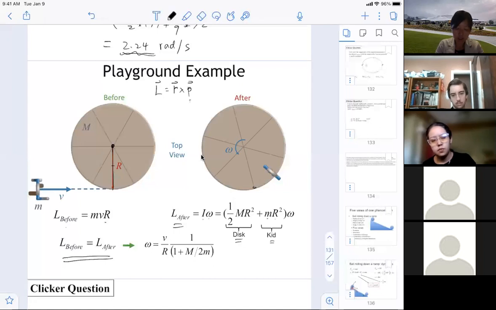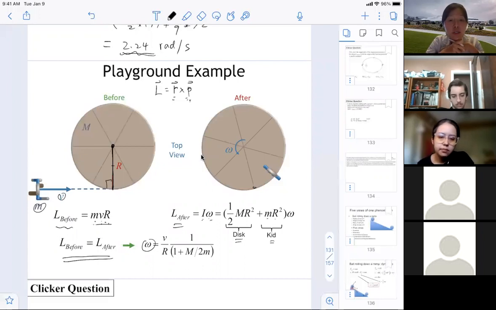My p, the momentum, is mass times velocity v, and they are perpendicular, right? So the cross product becomes just a multiplication because the sine of the angle is 90 degrees, simply 1. So L before is simply mvR, and you equate that to I omega, and you can find your omega afterwards. So this is a slightly different scenario where you have to consider mvR for the initial angular momentum.